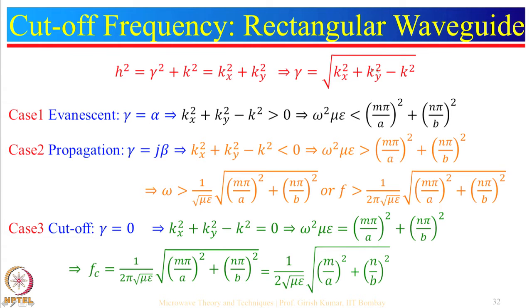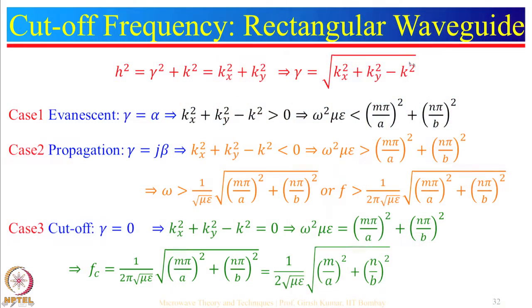In this case this quantity should be positive, so kx square plus ky square minus k square should be greater than 0. From here we get omega square mu epsilon is less than this, and in this mode the variation of the field along z direction will be e raised to minus alpha z, and that is an attenuating field. We call it an evanescent field.